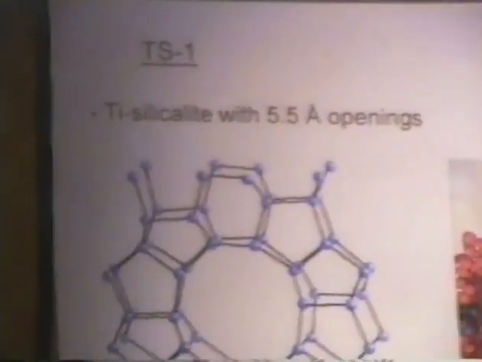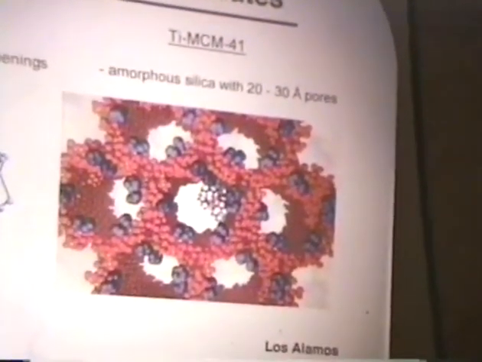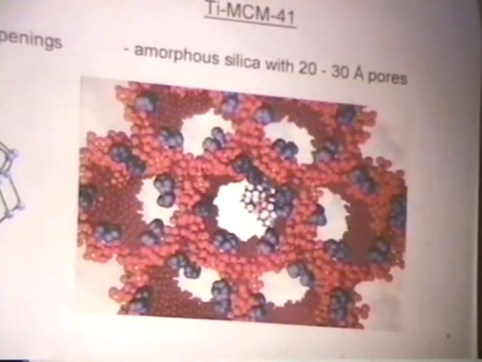Then, let's see, somewhere I've got a different slide. Rutger van Santen has shown, this is a copy of the Christmas card that many of you may have gotten a couple of years ago, that these complexes can be sorbed into MCM-41. So he's effectively heterogenized these materials in the pores of MCM-41.